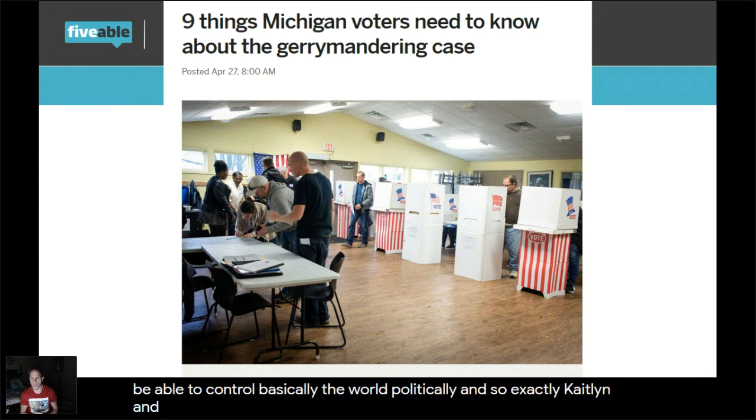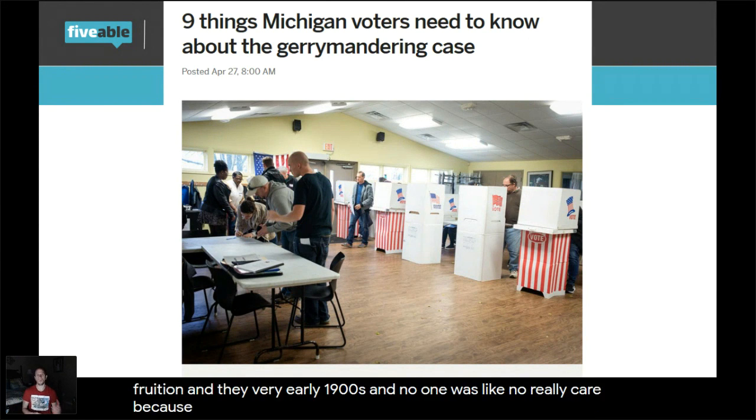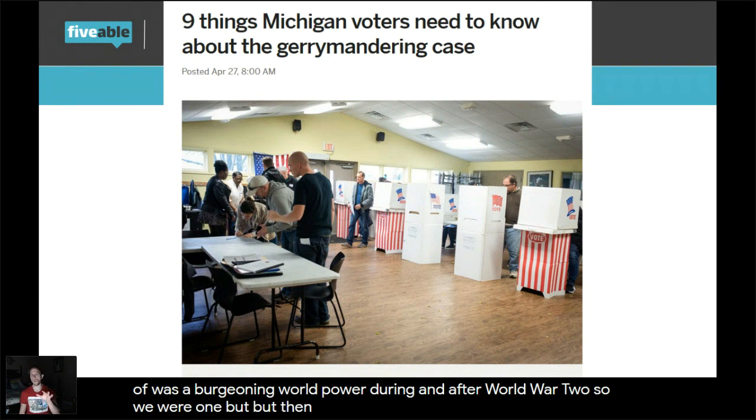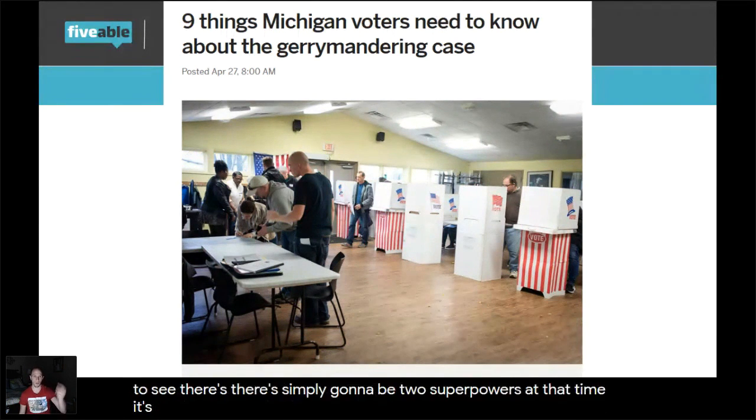This theory came to fruition in the very early 1900s, and no one really cared because the British had the most powerful navy, and the United States was a burgeoning world power during and after World War I. But then after World War II, there were simply going to be two superpowers, Russia and the United States.